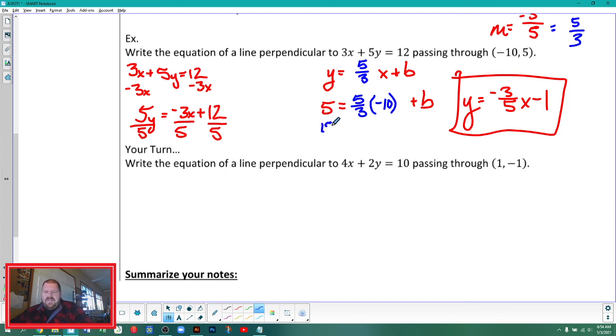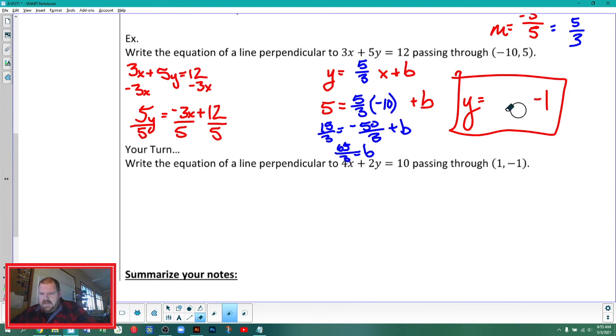So we're going to have 15 over 3 equals negative 50 over 3 plus b. I'm going to add 50 to both sides, so that's going to be 65 over 3. And that's not going to come out to anything nice, so we're going to leave it as 65 over 3 as our y-intercept.